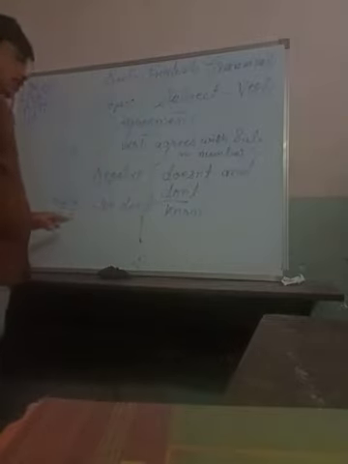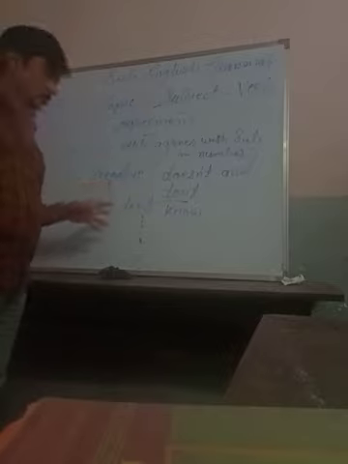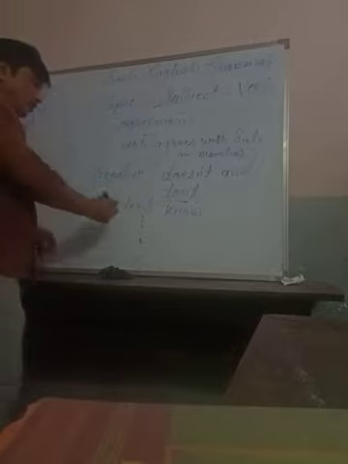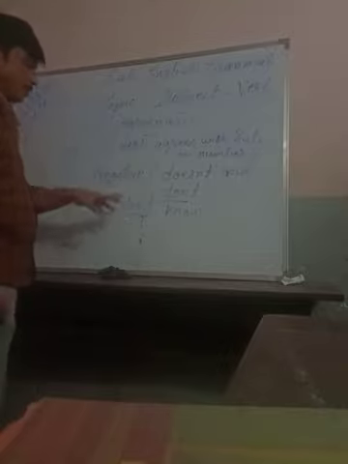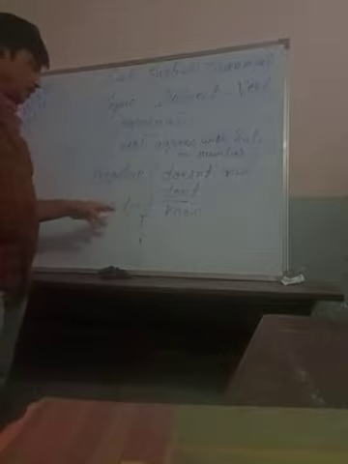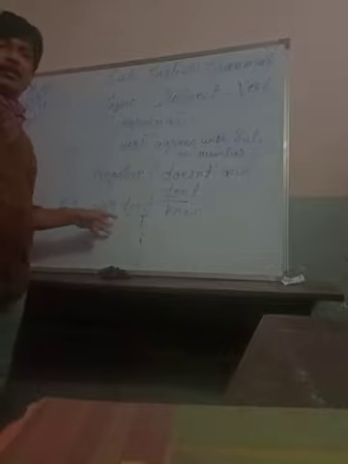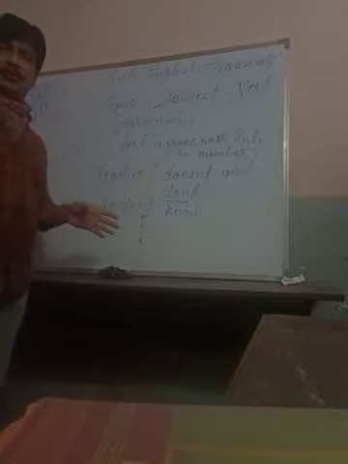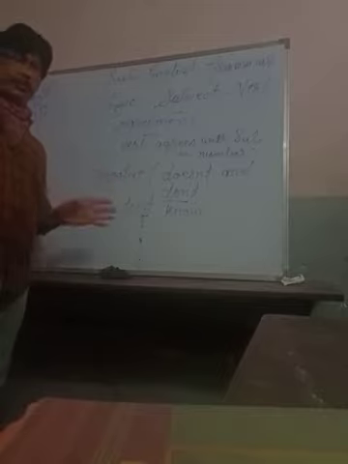One simple example I gave you to clear the idea. Now look here, I took don't here because this don't is agreeing with this subject we. We is a plural form. That's why don't came here. Don't means do not.